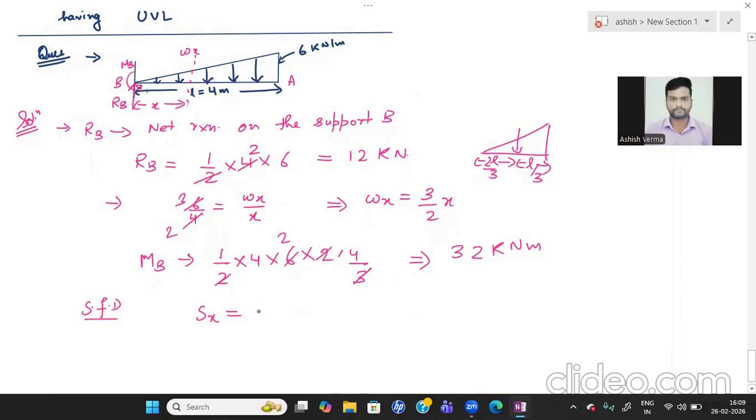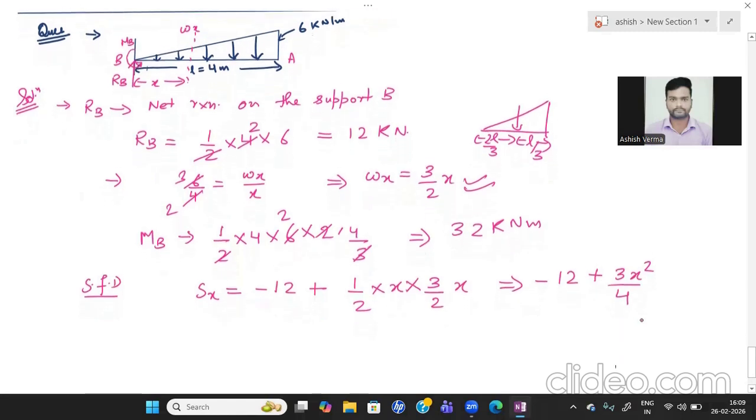So take it minus 12, already determined, plus the downward loading, that is half into length into Wx. Wx is equal to 3 by 2 of x. From here we can find the equation, that is minus 12 plus 3x square upon 4. This is the equation for the shear force variation.